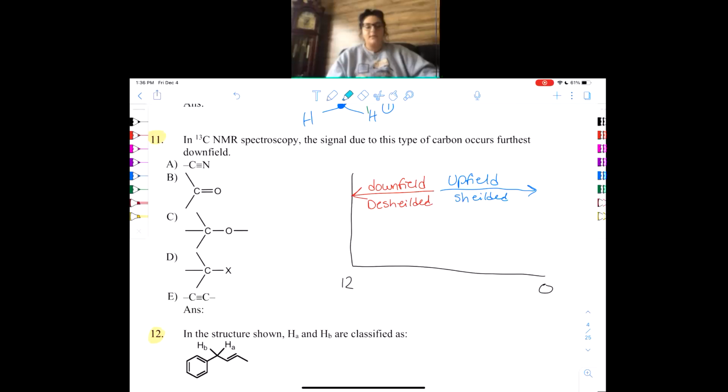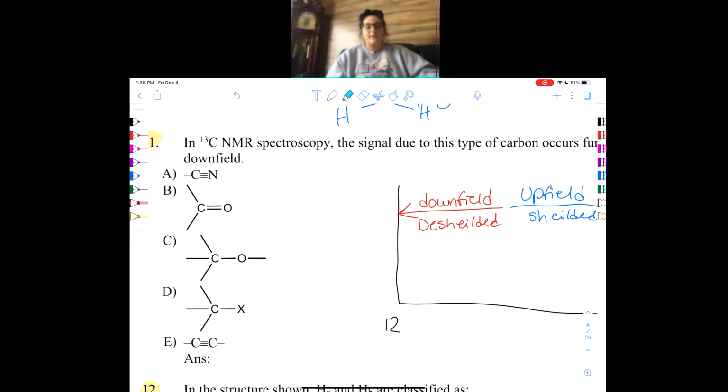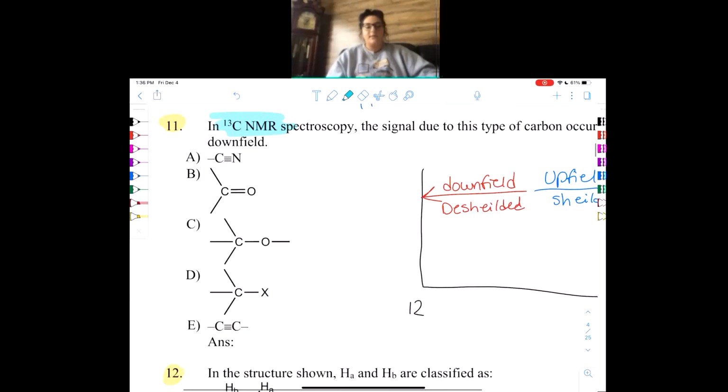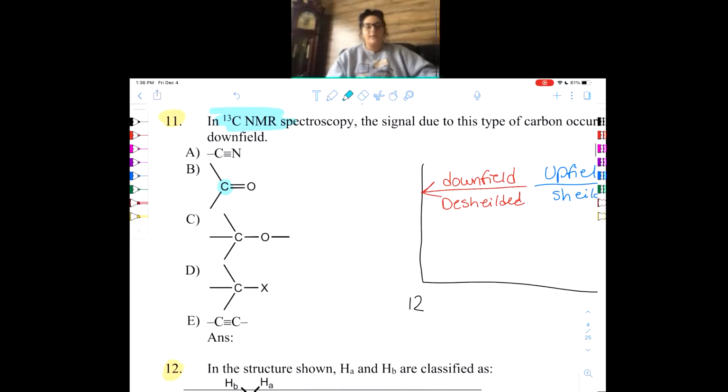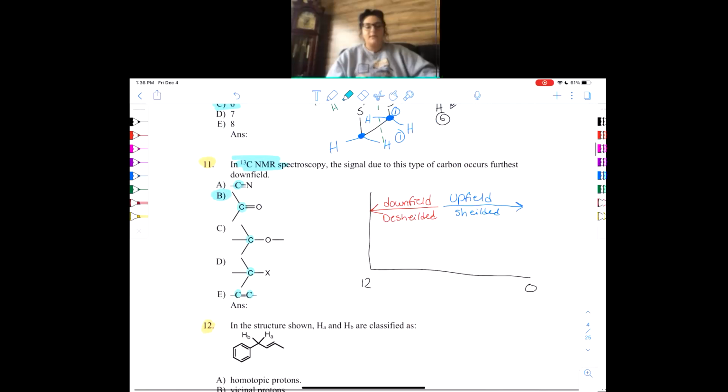I'm glad you guys picked up on it, even though I didn't highlight it. So we are looking for carbon NMR. There is a difference between carbon and hydrogen NMR, and it's important for you to note that we're talking about these carbons in each case. And you guys are absolutely correct. The ketone will be the most downfield or de-shielded.